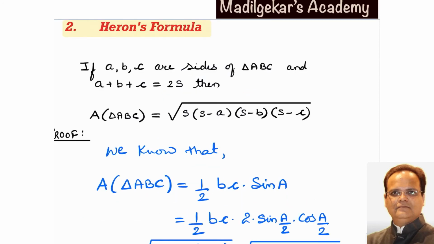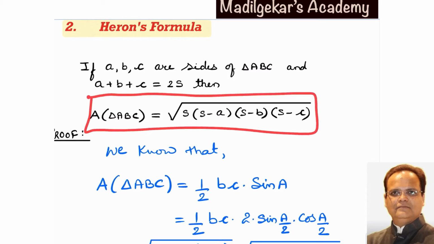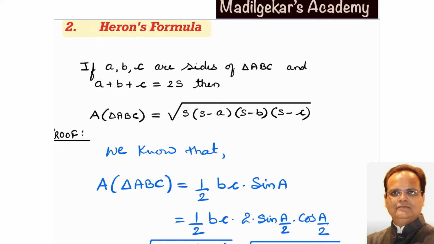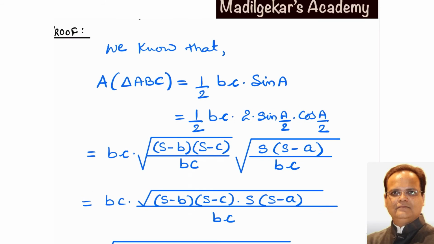Next is Heron's formula. If a, b, c are sides of triangle ABC and a plus b plus c is 2s, then prove that area of triangle ABC is square root of s into (s minus a)(s minus b)(s minus c). We know that area of triangle ABC is half bc sin A. By half angle formula, sin A can be written as 2 sin A by 2 cos A by 2.